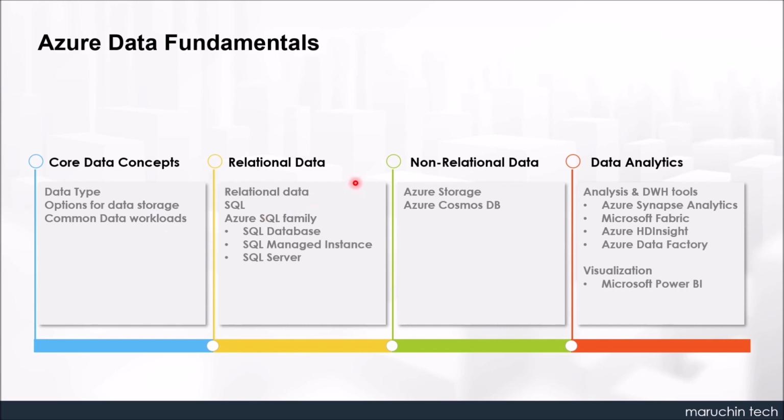The relational database section will include the characteristics of the relational database, SQL, and the relational database services provided by Azure. For non-relational databases, I will introduce the services for storing non-relational data, such as Azure Storage and Azure Cosmos DB. And finally, the data analytics chapter will include the data analysis tools, data warehousing, and visualizing tools.